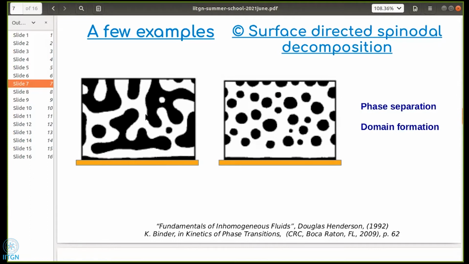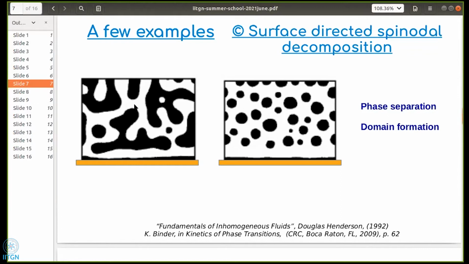So further away from the surface, what happens is that you have domains of these A and B type of particles, namely the black and the white, forming. And why are the domains forming? Because the temperature of the system is inside the coexistence, the binodal region. At that temperature, the system is supposed to show you domains of A and B type of particles which coexist with each other, because that's the property of the system at that temperature.